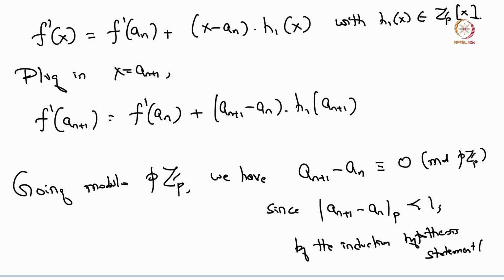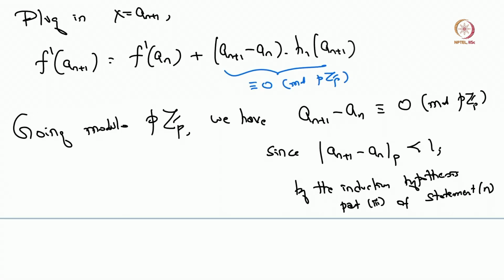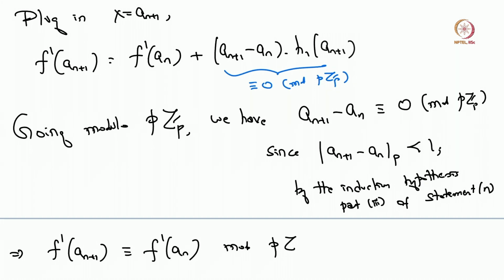Okay, so on the one hand, this third expression here is congruent to 0 mod pZ_p. And so what this means is that f prime of a_{n+1} is congruent to f prime of a_n modulo pZ_p.